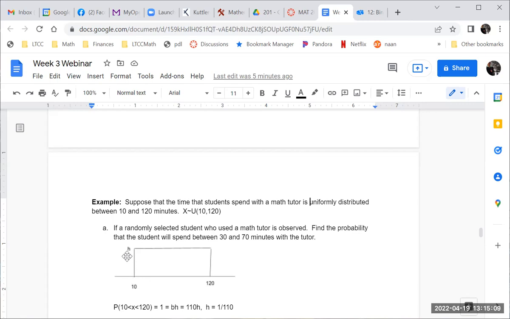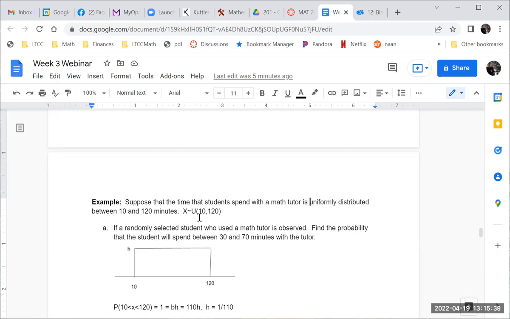We don't know the height, do we? So I put H. H is a good letter for height. Hopefully I don't have to explain why. Any questions on this picture? Okay, then I use a very important fact, and that is the probability of anything in the universe happening is always 100% or 1.